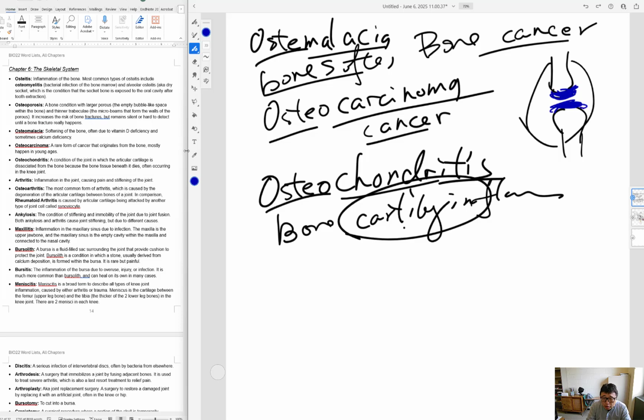There's always cartilage covering the inner surface of the bones, and this is called articular cartilage. Osteochondritis means the articular cartilage has been damaged, and then because of it being damaged, inflammation happens.